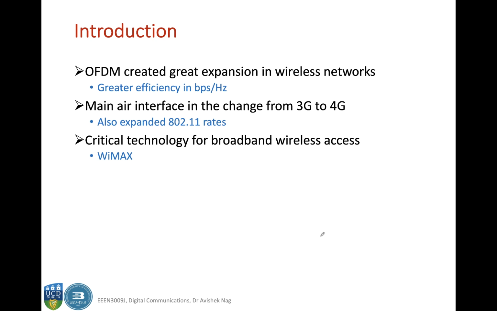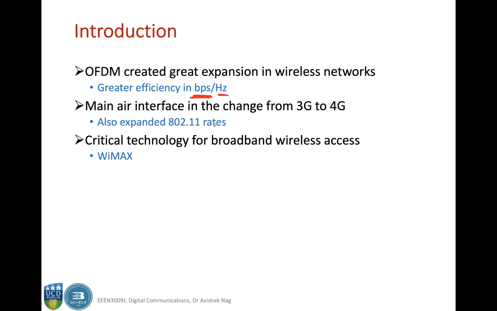OFDM, as we are studying in this lecture, is a multi-carrier modulation technique, and it created great expansion in wireless networks, because it provides greater efficiency in terms of how many bits per second you can send over 1 hertz of bandwidth.